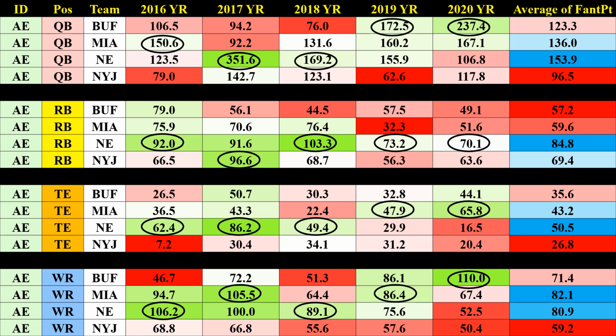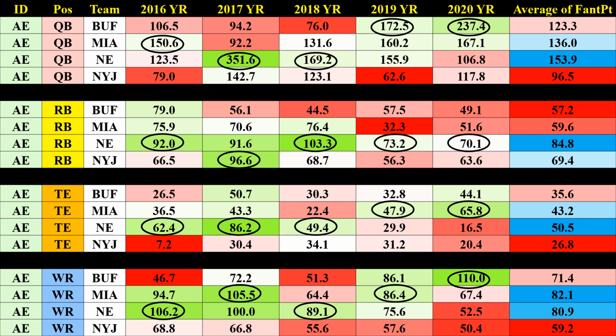And then the average fantasy points across the table, just to get a big picture of the fantasy points. So we have quarterback, running back, tight end, and wide receiver. I use the black circles to highlight the top.